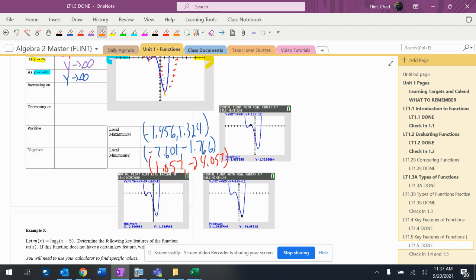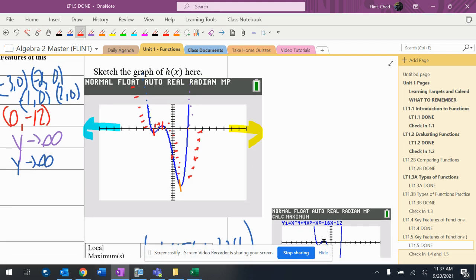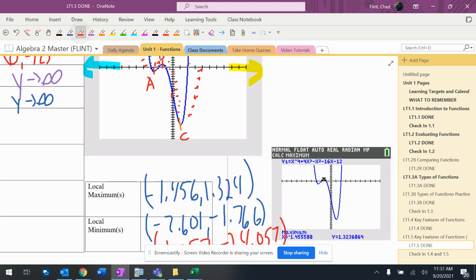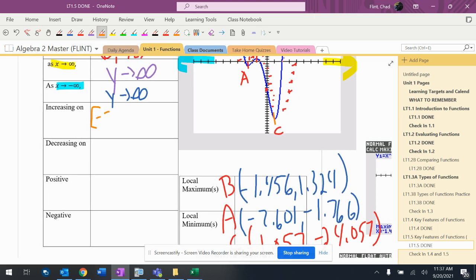So it's increasing from, actually, you know what we're going to do to make our lives a little easier? I'm going to call this point A, this point B, this point C, and then I'm going to go over here. This is point B, this is point A, that's point C. All right, so it is increasing from A to B. So my increasing is going to start at A. So it's increasing from negative 2.601 to negative 1.456.